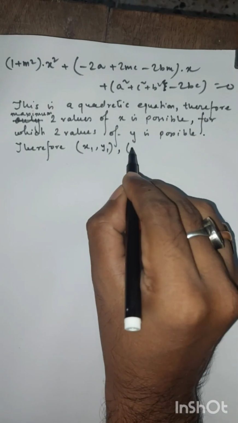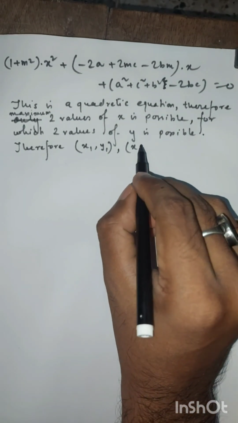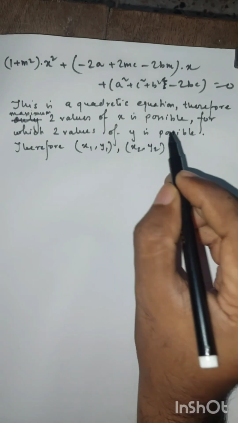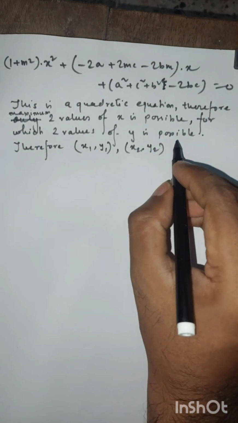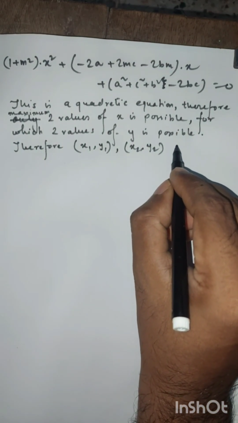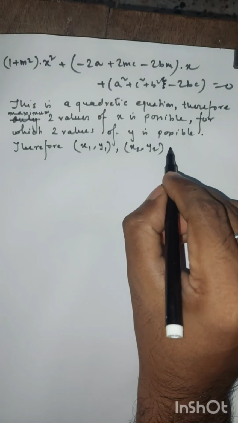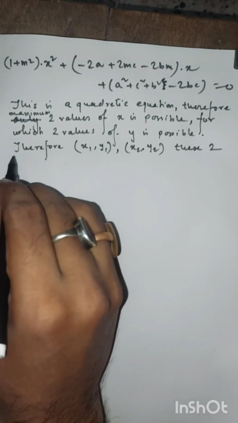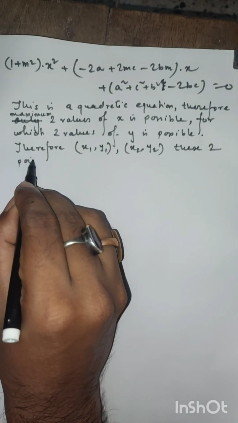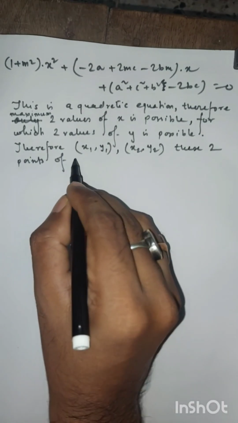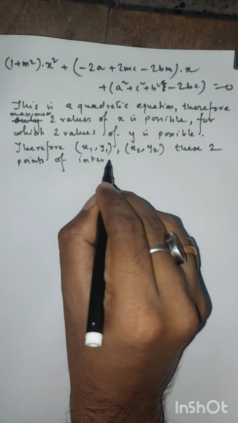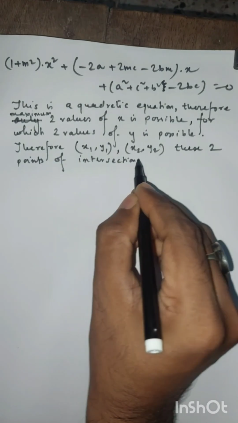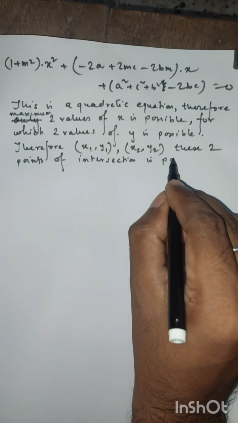Therefore x1 y1 and x2 y2. These two points of intersection are possible.